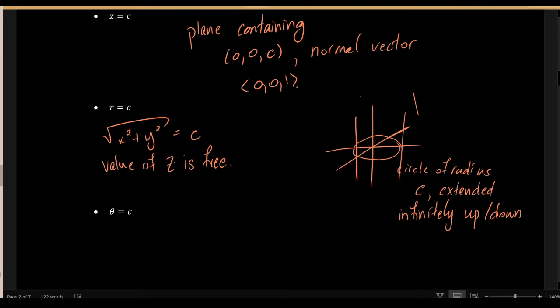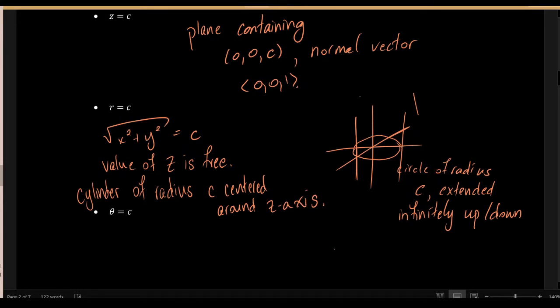As a result, we get the graph in the shape of a cylinder of radius c centered around the z-axis. If the polar coordinate r is equal to a constant, then the shape formed by that is a cylinder centered at the z-axis of radius c.